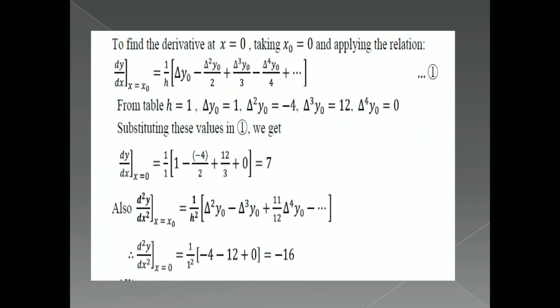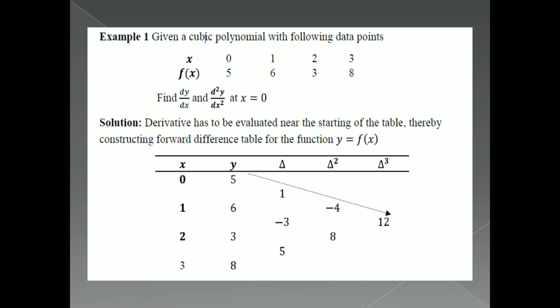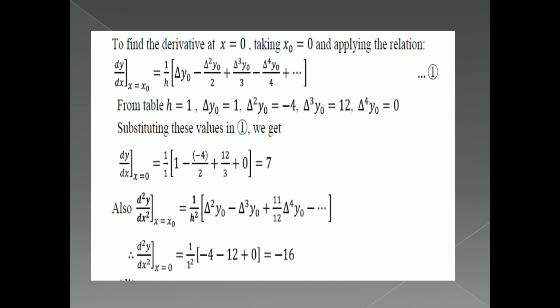Next, delta square y0 is equal to minus 4, the first value from the fourth column. That is, the fourth column stands for the second order difference of y, and the last column stands for the third order difference. So the first value of that column is denoted by delta cube of y0. Substituting all these values in equation 1, we get dy by dx at x is equal to 0.